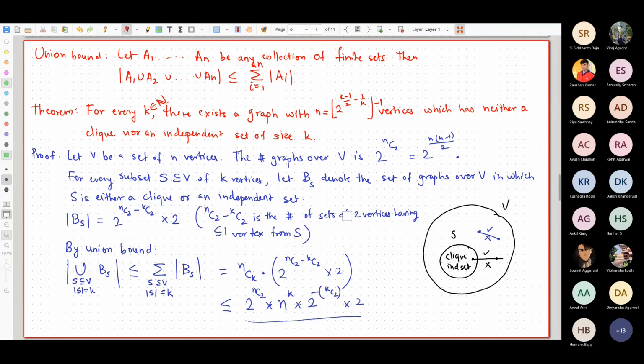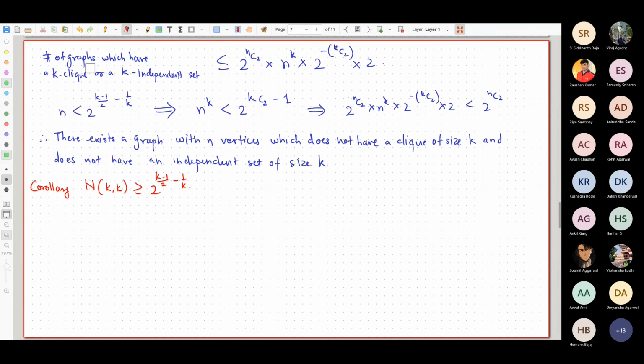Okay, and the probabilistic version of the union bound which you would have used is the following. Union bound, probabilistic version.